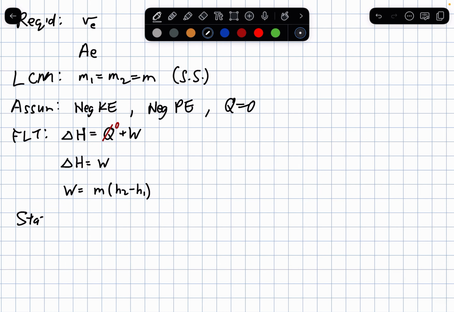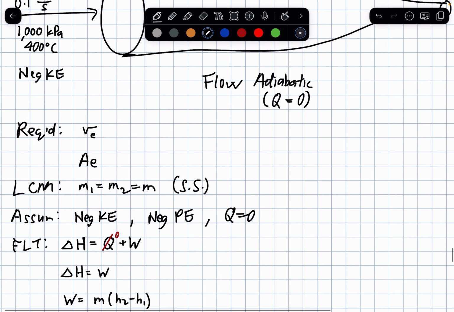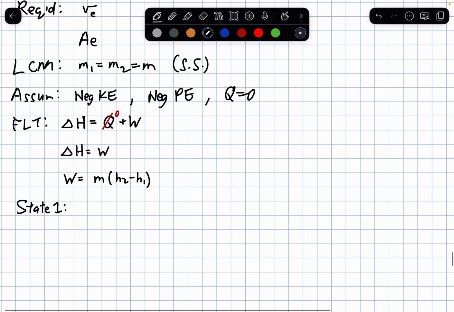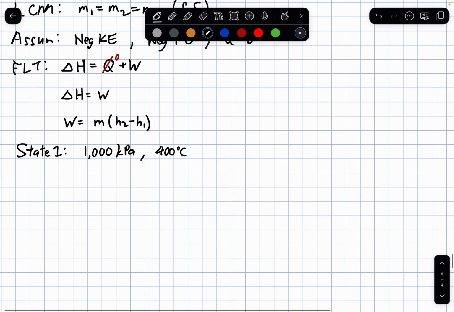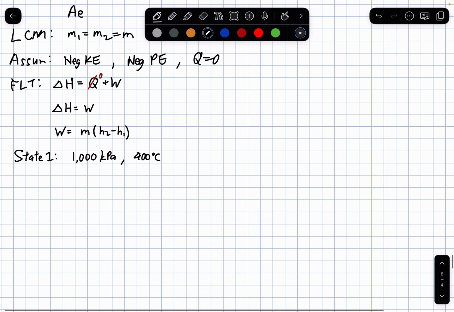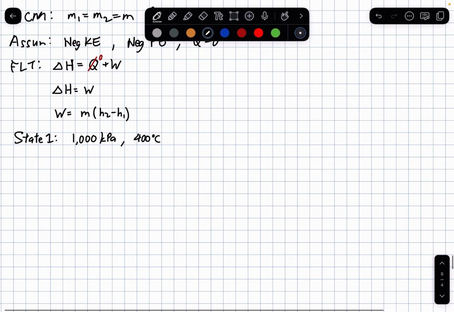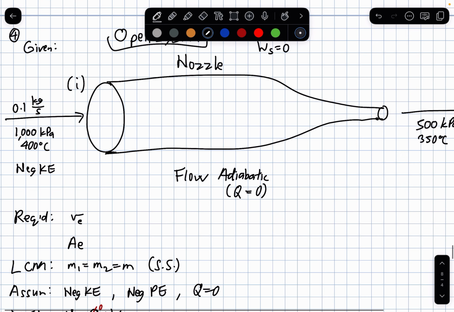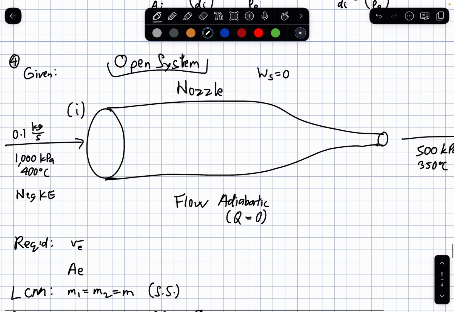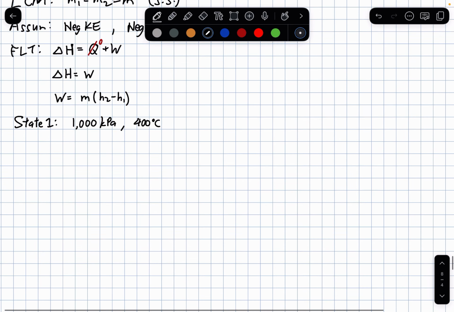For the time being, what we can do: state 1, 1000 kilopascal and 400 degrees Celsius. What can we find here? Wait, what's the substance here? Steam. So technically this is still water.